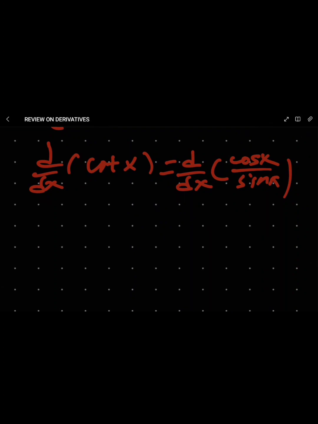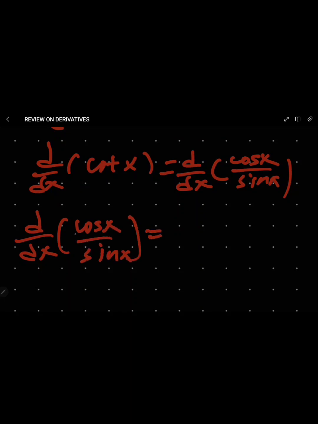It's a quotient, so you write that you are looking for d per dx of cos x over sine x. Don't forget the derivative of cos x. All right, h over l: h is a function, l is a function, so the derivative is h derivative times l minus l derivative times h, over l square.